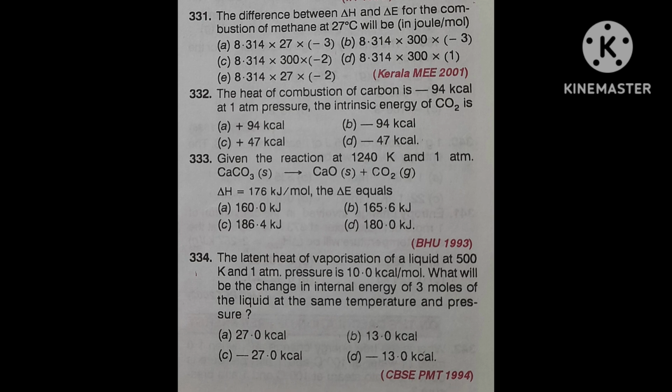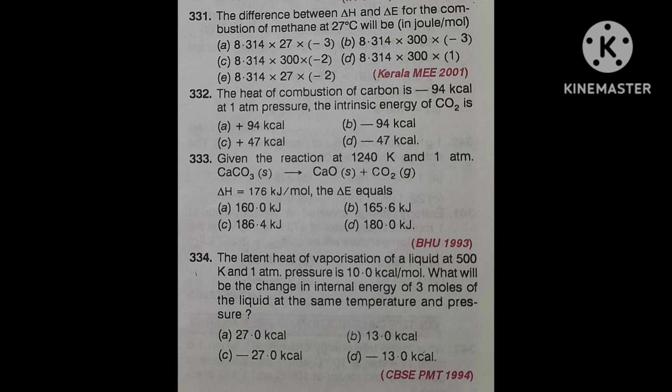Okay. Next question I am reading. The difference between delta H and delta E for the combustion of methane at 27 degrees centigrade will be in joule per mole. First option, 8.314 into 27 into minus 3.